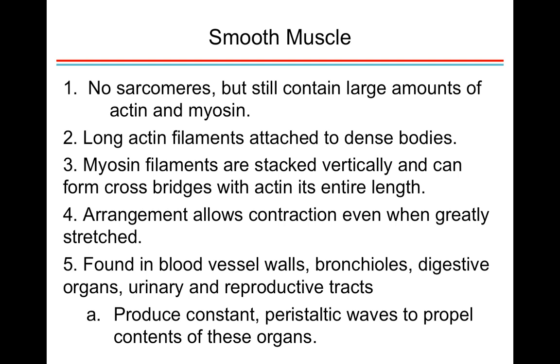This unique conformation, which I'll show you in a picture, really allows contraction even when they're super stretched. And this is important, for example, in blood vessels, bronchioles that go into the lungs, digestive organs, and the urinary and reproductive tract, because all these areas of the body need peristaltic ways to propel contents through these organs.